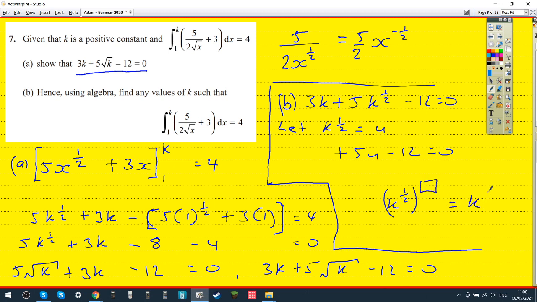It gives you k to the 1. Is it 2? Yep. So do you want to make it u to the power of 2? Sorry, 3u to the 2. Yeah. And so then you'd solve that.